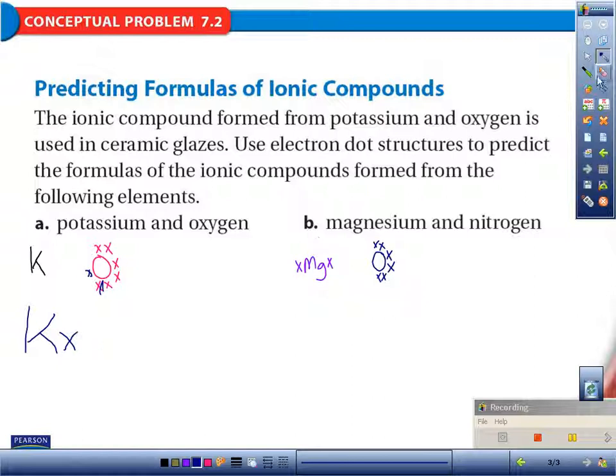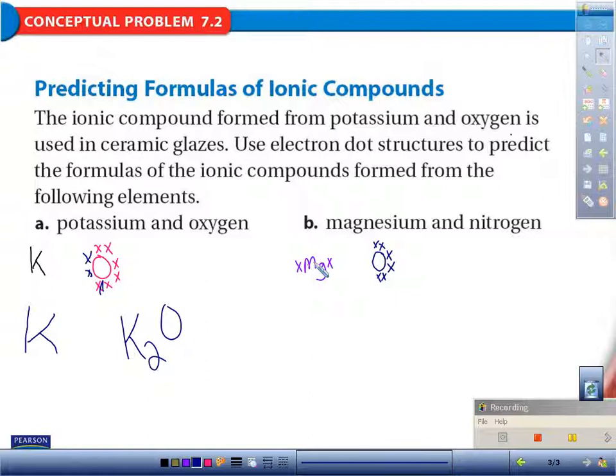He doesn't want it, so we take it from here and give it to oxygen. Now both potassiums are empty and oxygen has its 8. So for every 2 potassiums, I have 1 oxygen, and we would read this as potassium oxide.